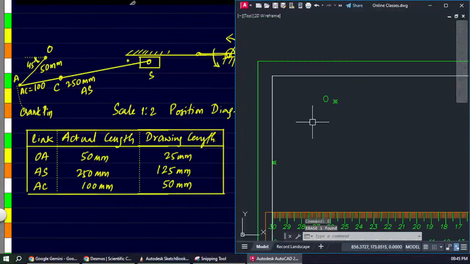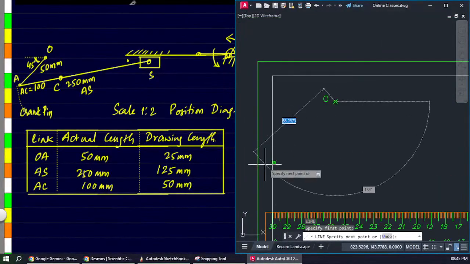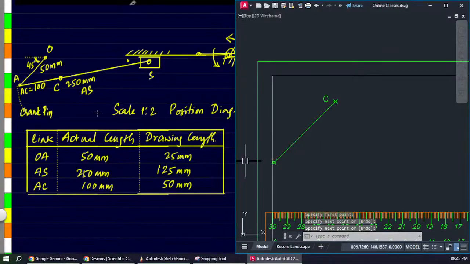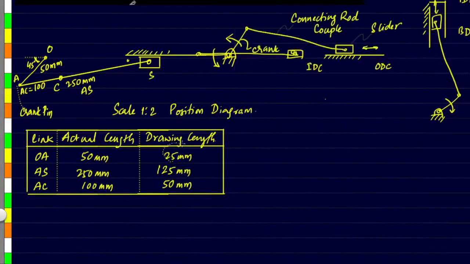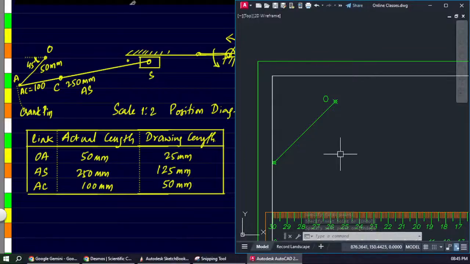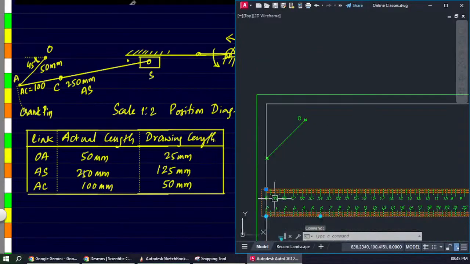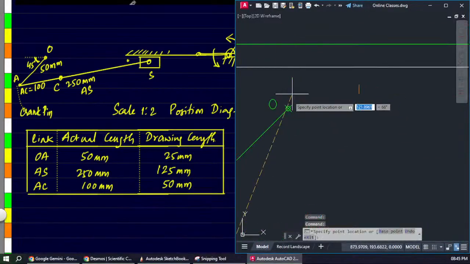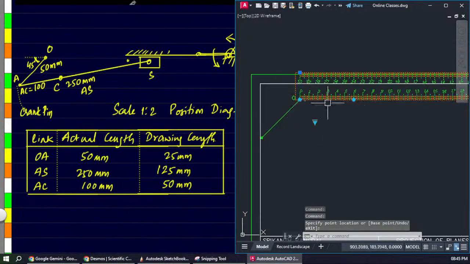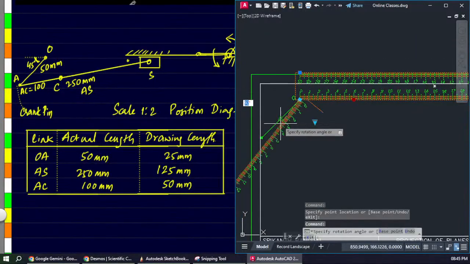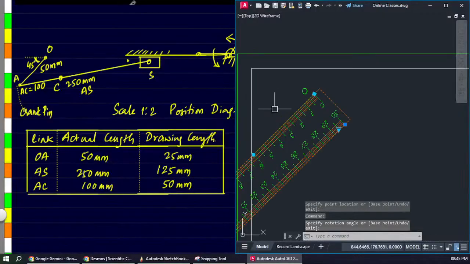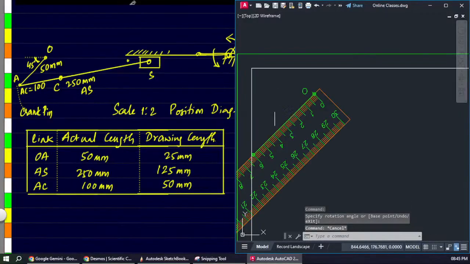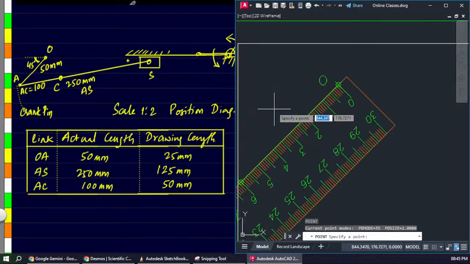Then let's draw the length. This length has to be equal to 25 mm as I've shown over here. So let's quickly take our scale, keep one corner correctly, rotate it to make it like this, and now we'll have to mark it at 25. 25 means 2.5 centimeters.